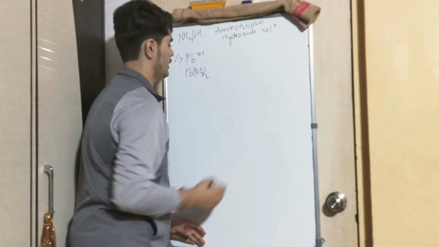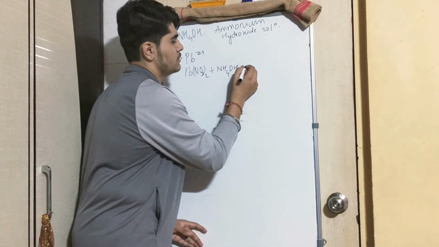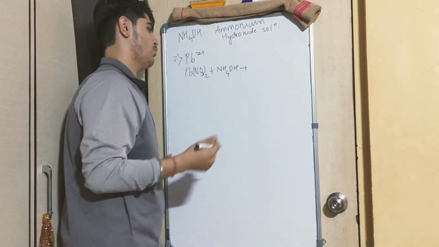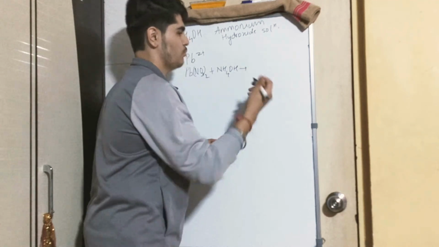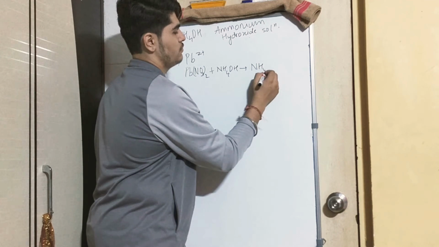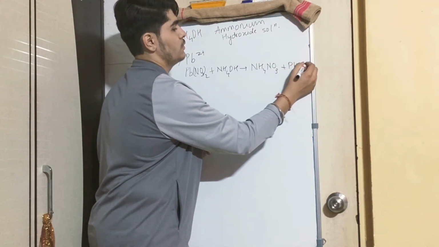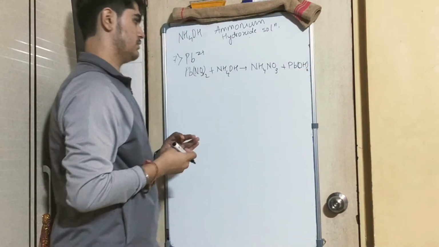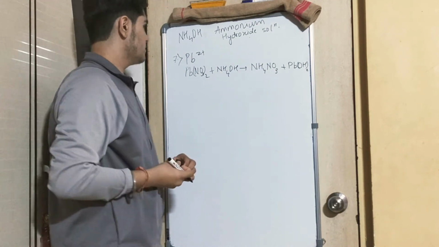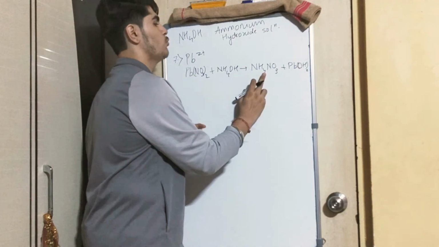Pb(NO3)2 plus NH4OH. I know you are getting bored, but boards are more important than getting bored. Gives NH4NO3 plus Pb(OH)2. Getting it? This is ammonium nitrate.